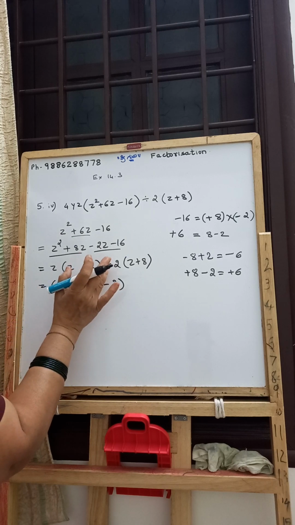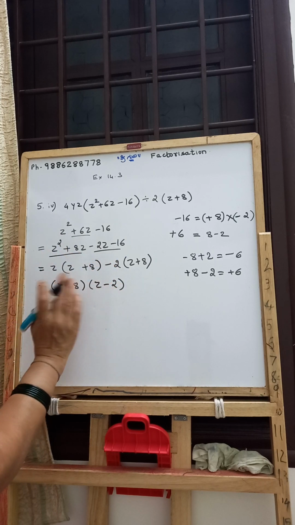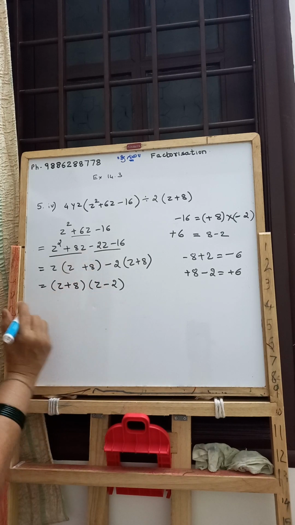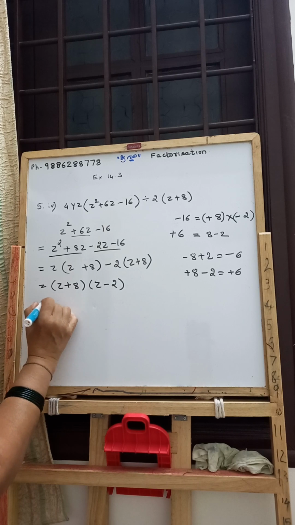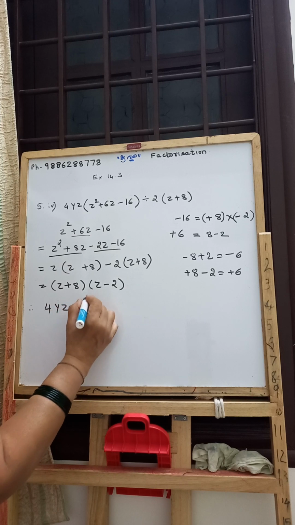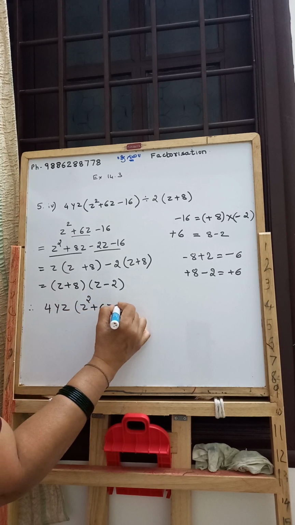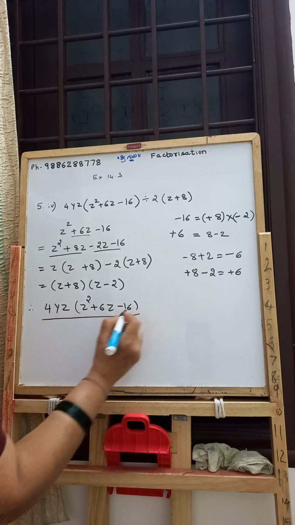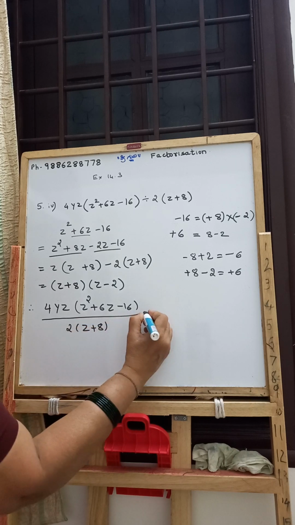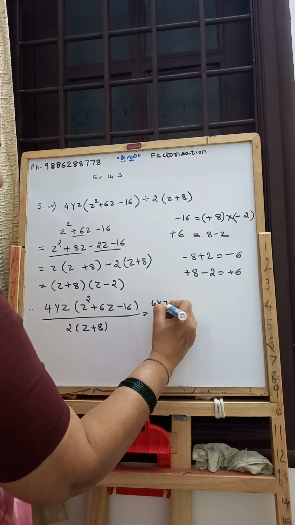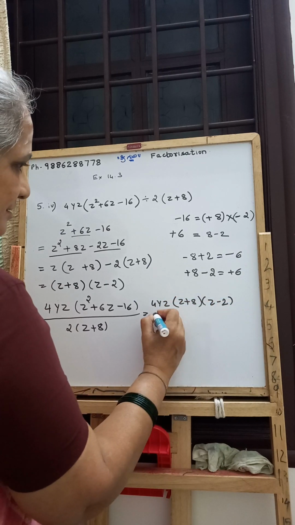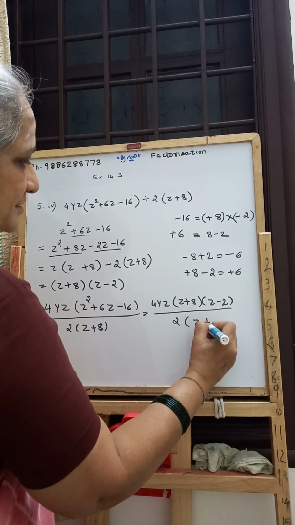While writing the mathematical signs, we should be very careful. Here there is a multiplication sign, but here it is a subtraction sign. Therefore, the given expression is further written like this: 4yz into bracket z plus 8, z minus 2, all divided by 2 into bracket z plus 8.